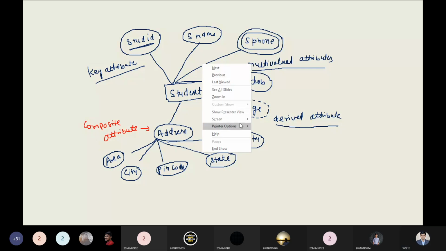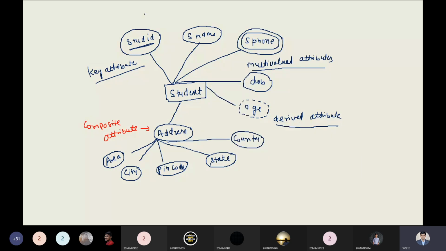Yes, sir. Yes, tell me. Any doubt over here? This is the best example to explain the various types of attributes we have. Any doubt you have? Please ask right now. This is a composite attribute. Address is known as a composite attribute because we are expanding our attribute information into its sub attributes.